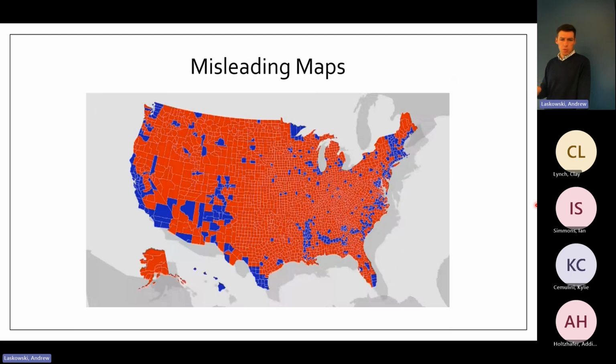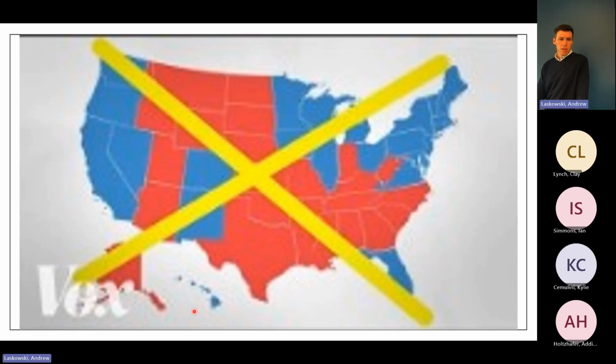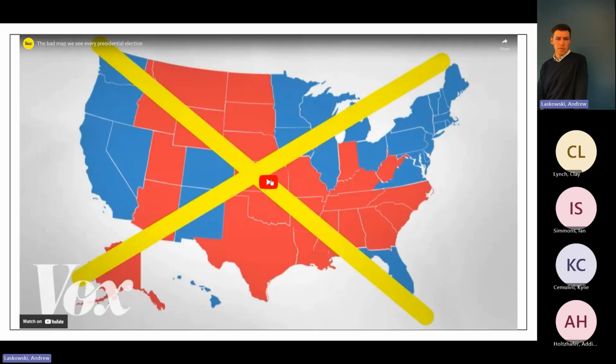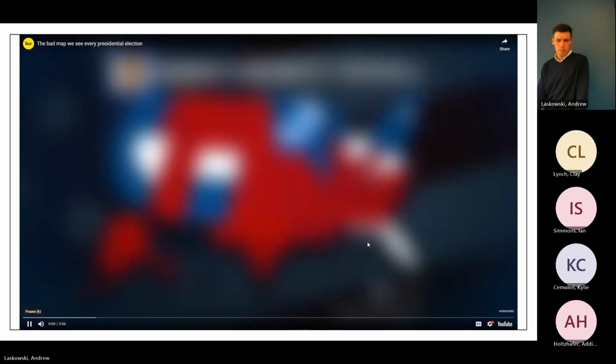Very easy to read. Most people understand what these maps are telling us. Don't really know what's going on with the massive drop shadow back here. It's kind of an interesting choice that I don't love. Well, let's watch this video again from Vox about election map variations and how they can be a little bit misleading.